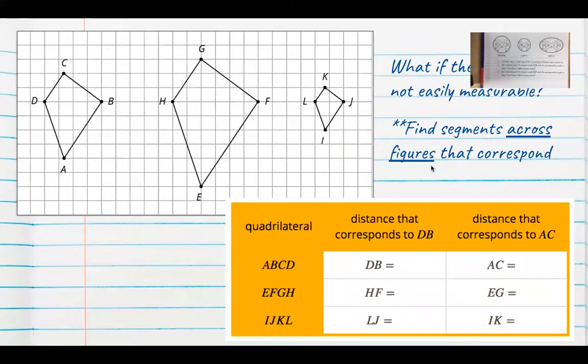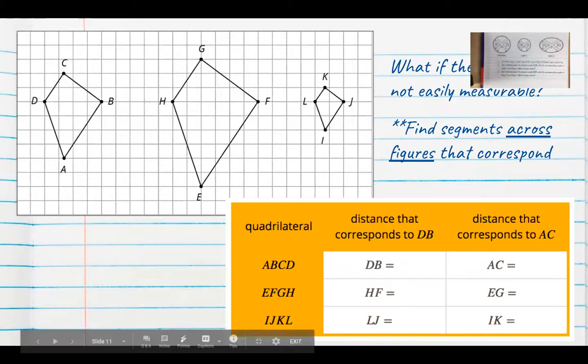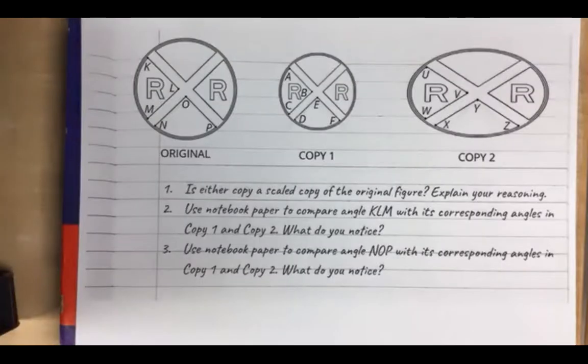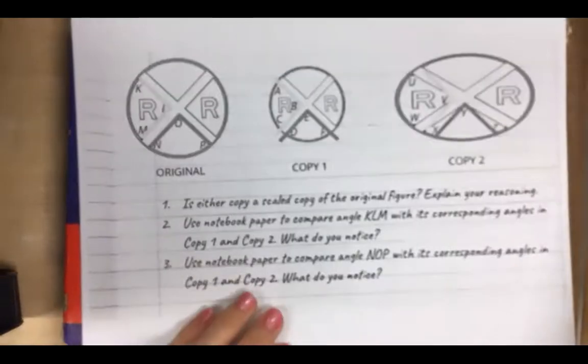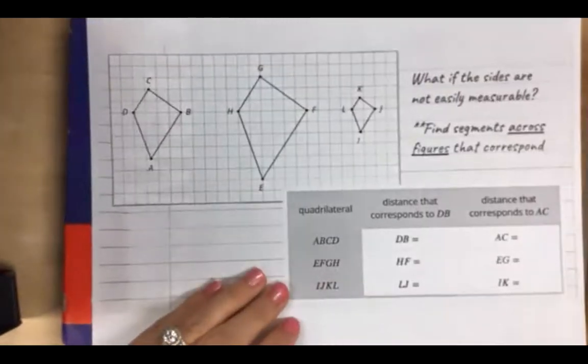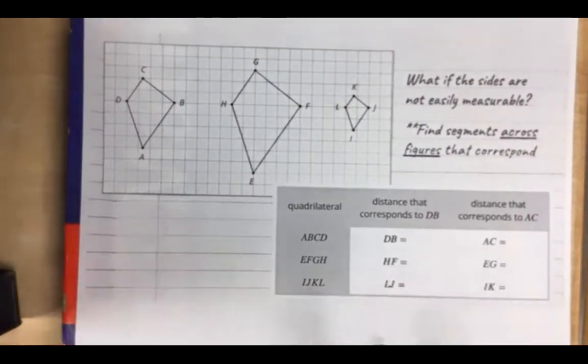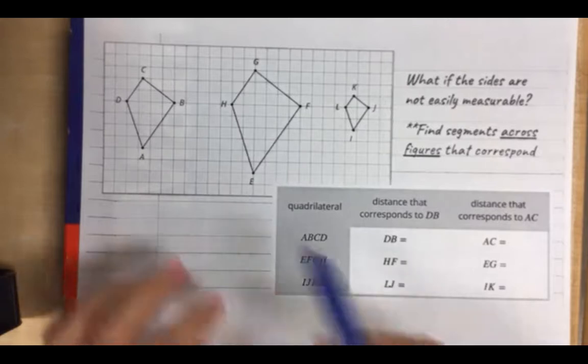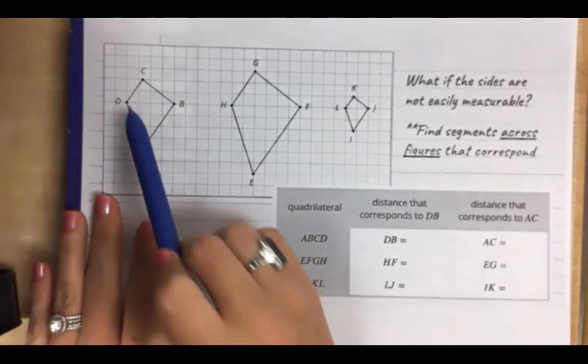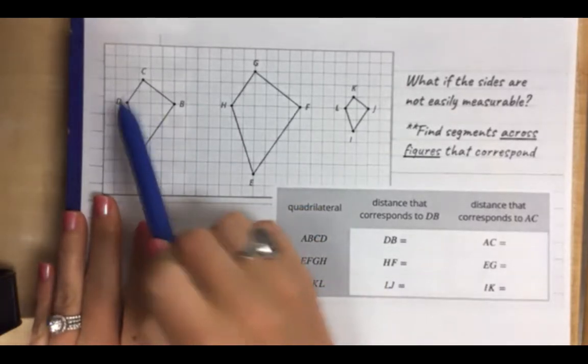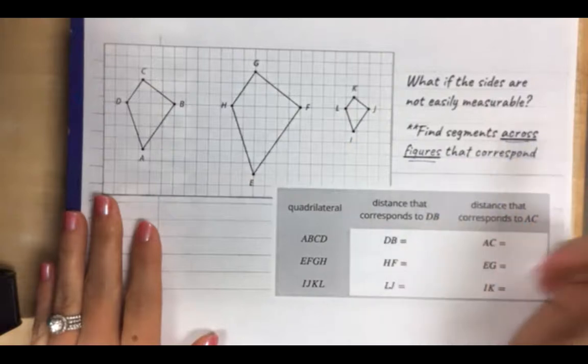So one more thing we're gonna do is talk about the idea that sometimes we don't have sides that are easily measurable, like if you have a triangle or a rhombus like this. So we're gonna find segments across the figure, okay?